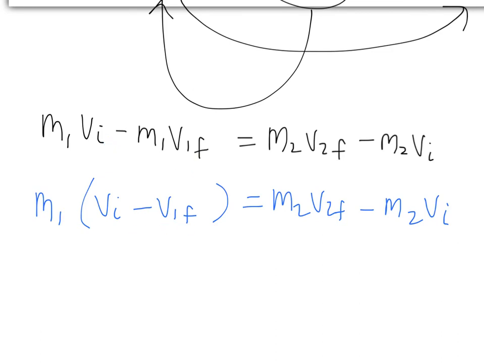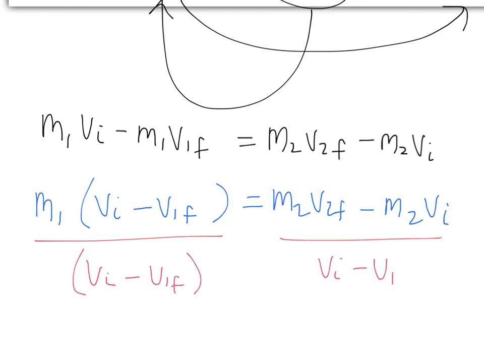Okay, and then how do I get M1 by itself? Last step. Divide by? Very good. And those cancel, and that's M1.